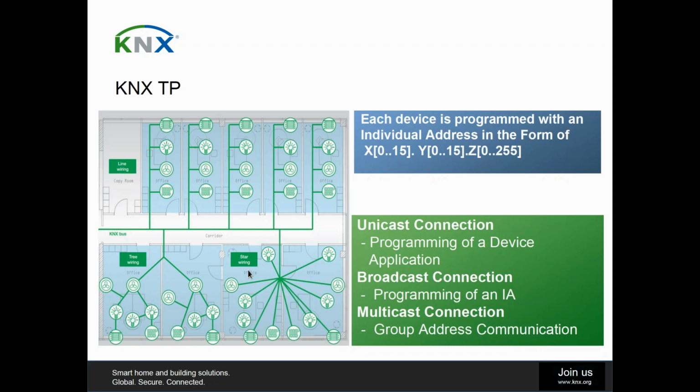Normally this is also a connection-orientated communication. If you look at the bus monitor of the ETS, you might observe the T-connect, which just opens the connection, and then there comes the sequence with the single telegrams. So this is programming of the device application as a unicast.